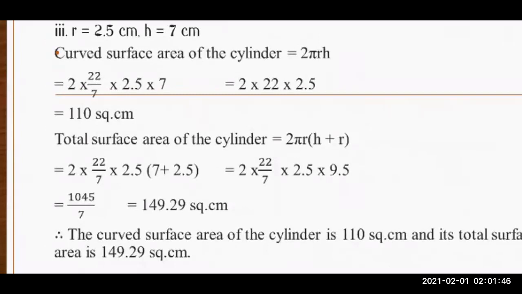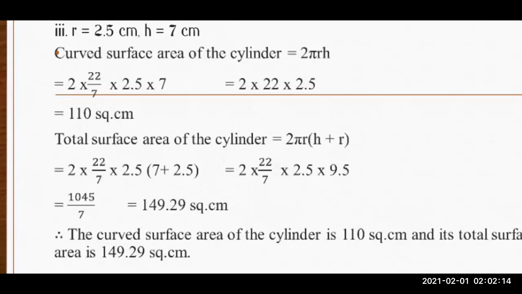Now sum number third. R is 2.5 centimeter and H is 7 centimeter. The formula will be the same. First we have to find out the curved surface area of the cylinder, that is 2 pi RH. Now here 2 into 22 upon 7 is our pi, into R is 2.5, into H is 7.